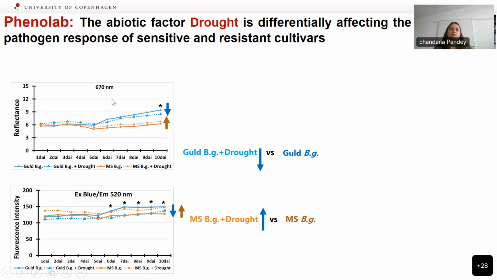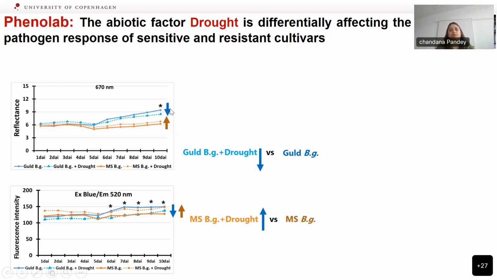For example, at 670 nanometer, at the later stage we found there was a decrease in the reflectance. A decrease in the reflectance means less symptom. So more symptom will have the higher reflectance. If it's a mock plant or the tolerant plant, then it will have the lower reflectance value.